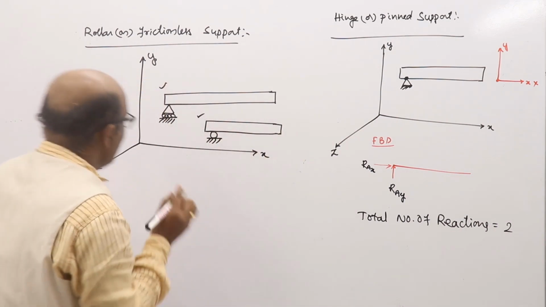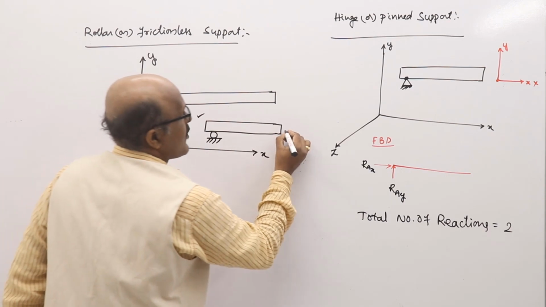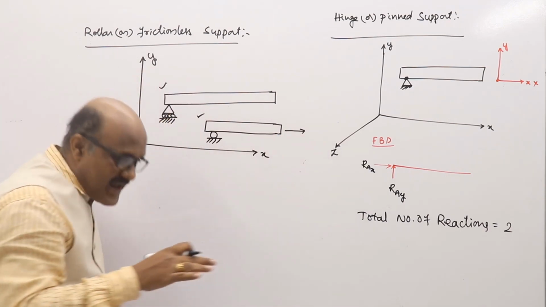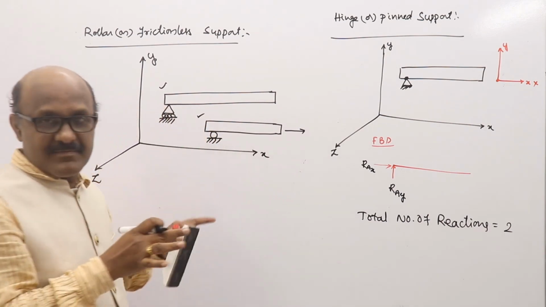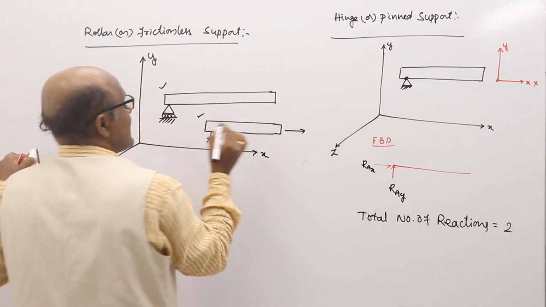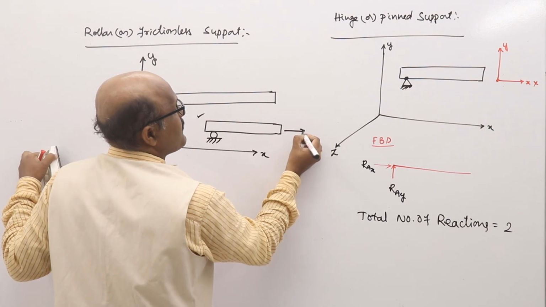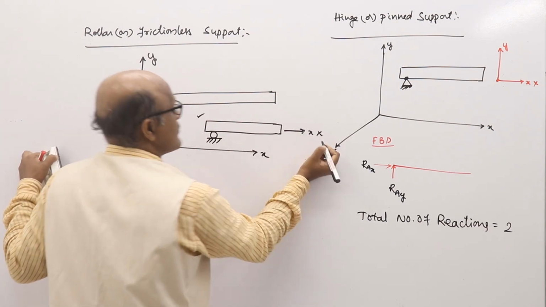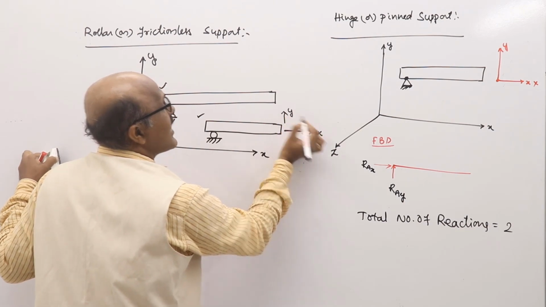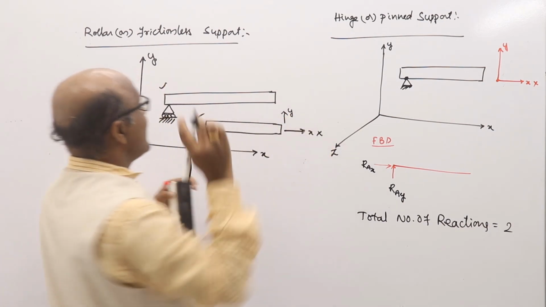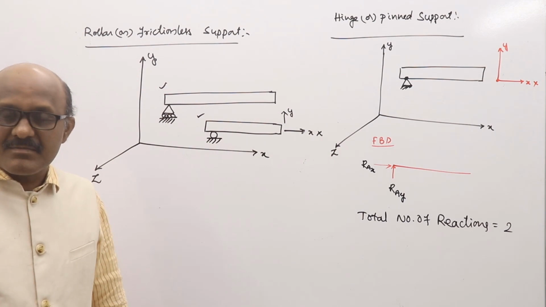First of all, we cannot prevent motion in the x direction, it can move in this direction because of the roller. But motion is prevented in the y direction.